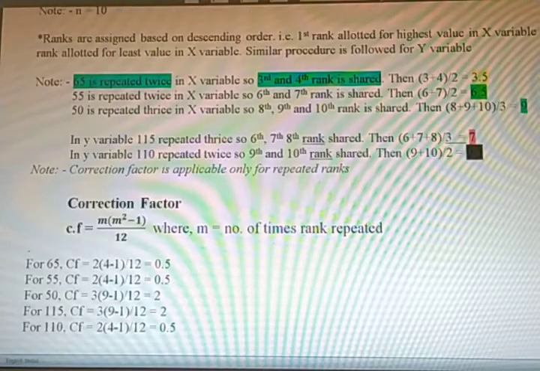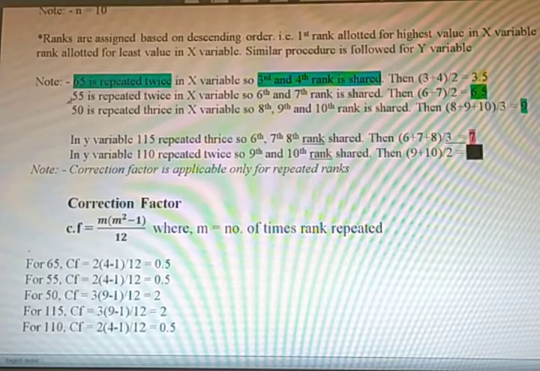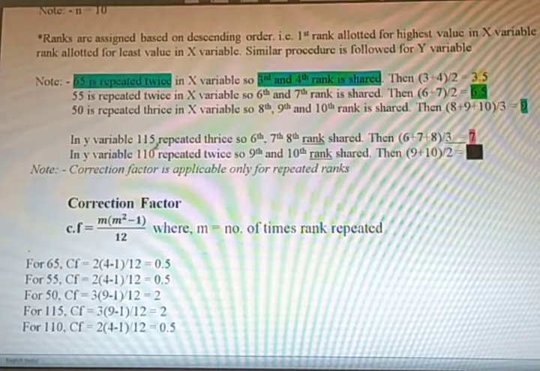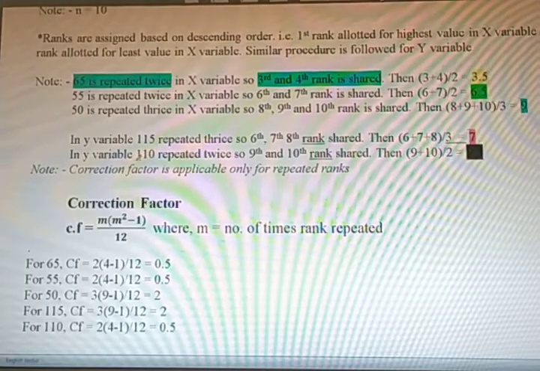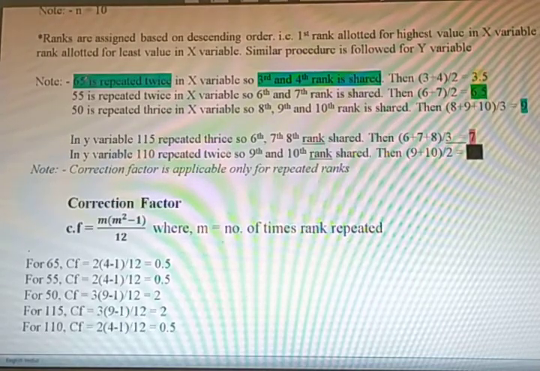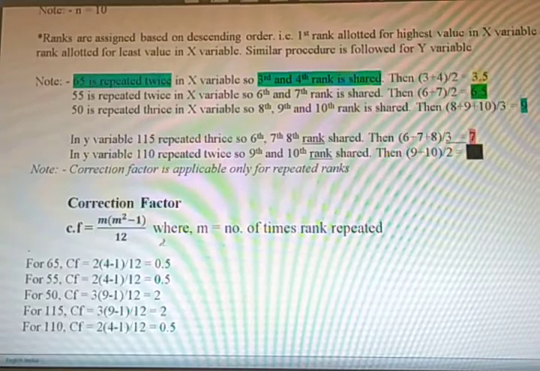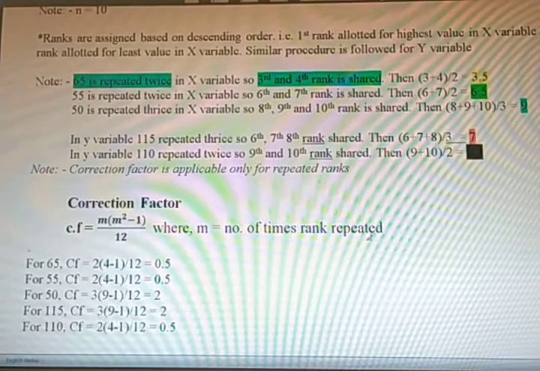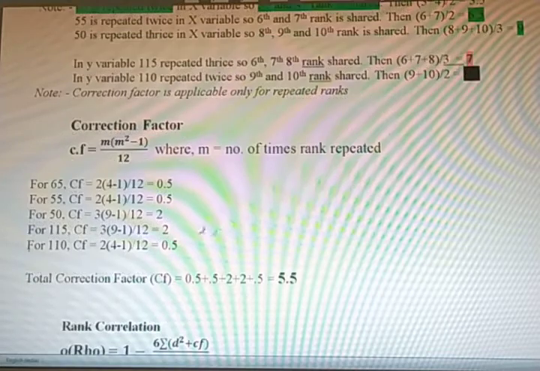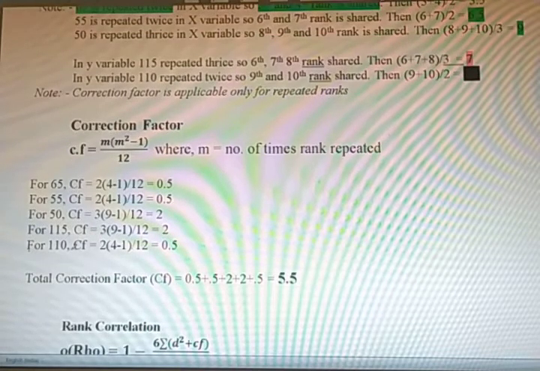If you observe, 65 is repeated twice, 55 is repeated twice, 50 is repeated in the x variable thrice, 115 is repeated thrice, and 110 is repeated twice. The correction factor equals m into m square minus 1 divided by 12, where m equals the number of times a rank is repeated. For each repetition, we apply the correction factor.